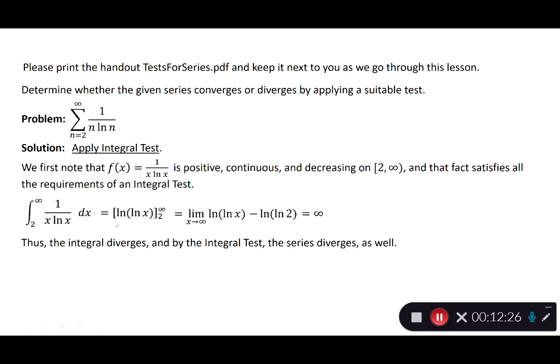If I do, the integral for that one turns out to be natural log of natural log of x. And guess what? That also diverges. As x goes to infinity, that is going to go to infinity. So that series is also divergent, and it diverges even more slowly than this guy, right?